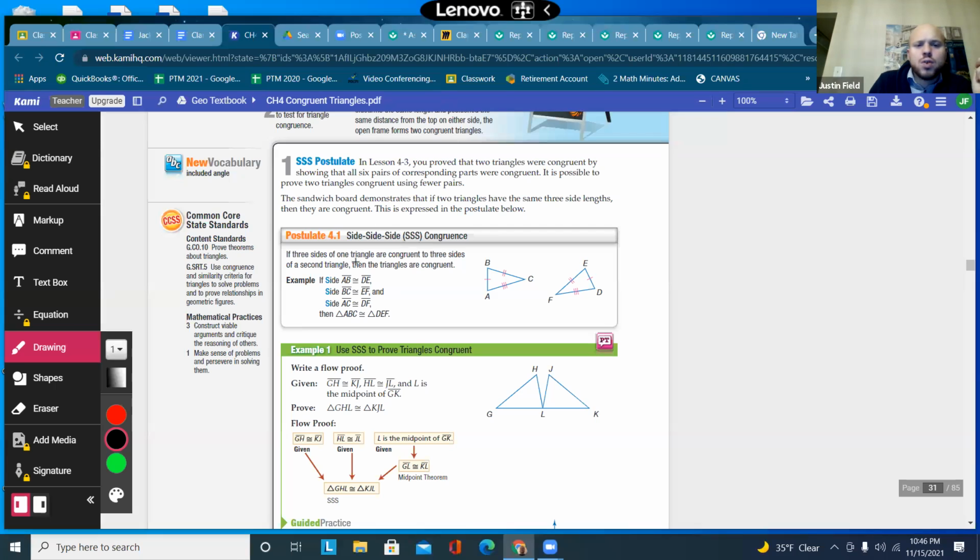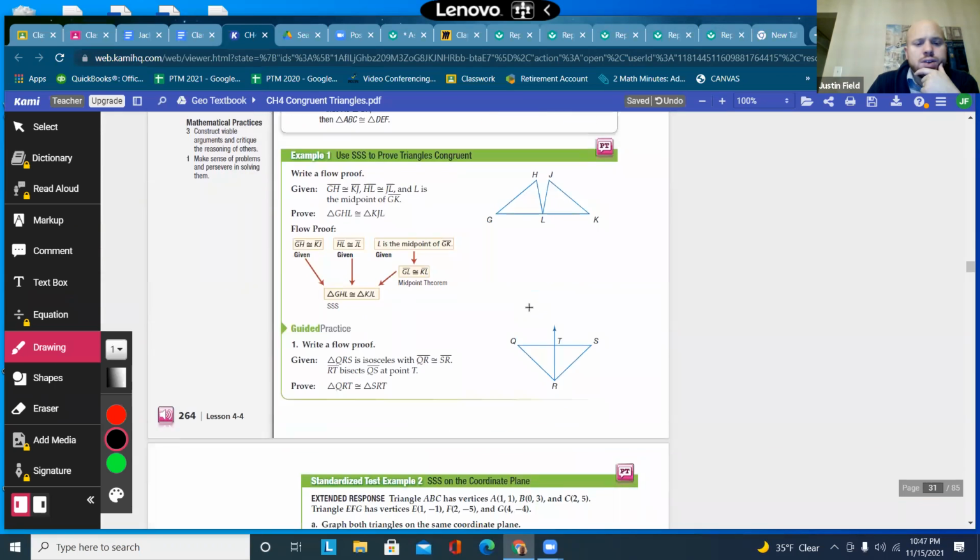If you know that the sides all have congruent corresponding pairs, that's sufficient to say the triangles are congruent. The angles will also have the pairs. It has to be that way. All right. And so this is called side, side, side triangle congruence. You can read it there. All right.